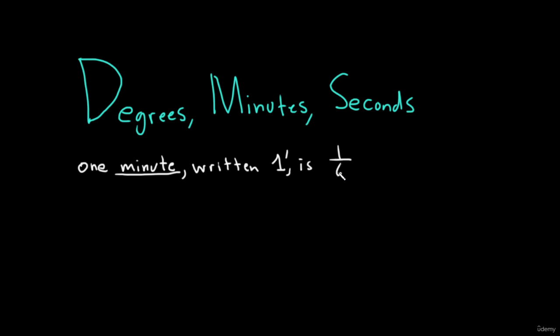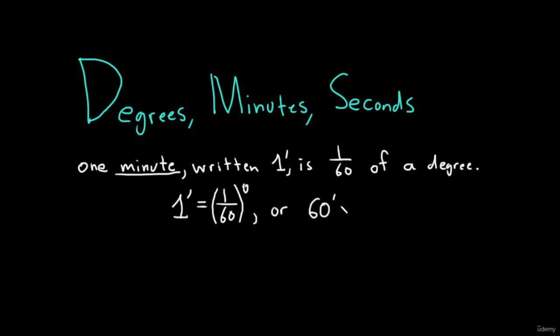So 1 minute is equal to 1/60th of a degree. It's much, much smaller than a degree. In fact, it would take 60 minutes to give us a degree, so you could say 60 minutes is 1 degree.